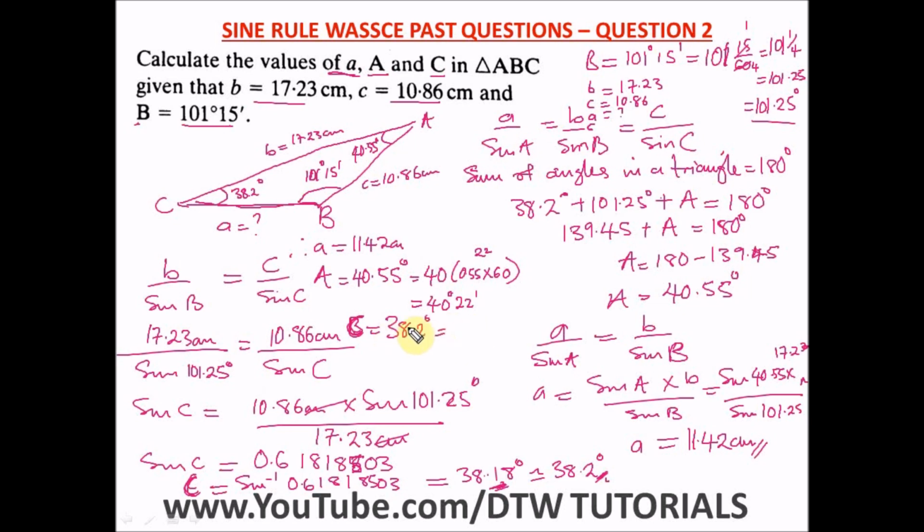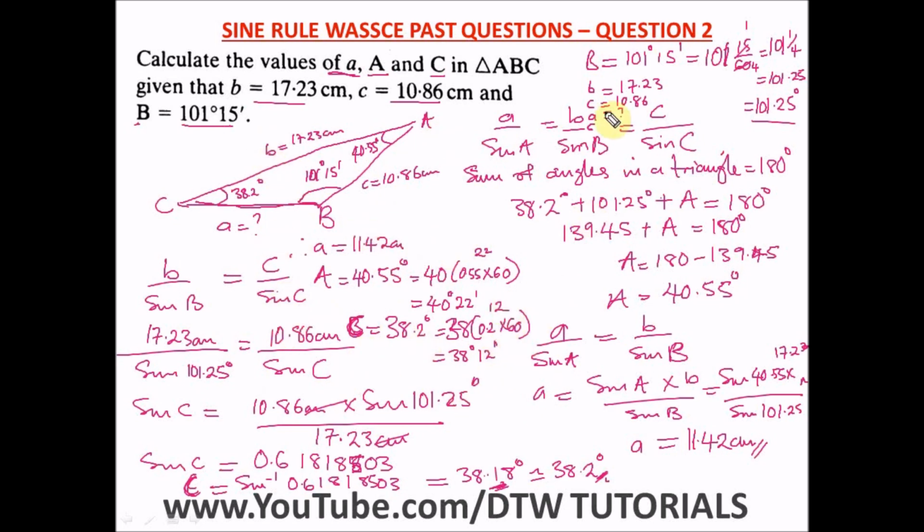To convert this back to degrees and minutes, we have 38 bracket 0.2 times 60. 0.2 times 60 will give us 12. So we have here 38 degrees 12 minutes. This is our final answer. So you state this as this.